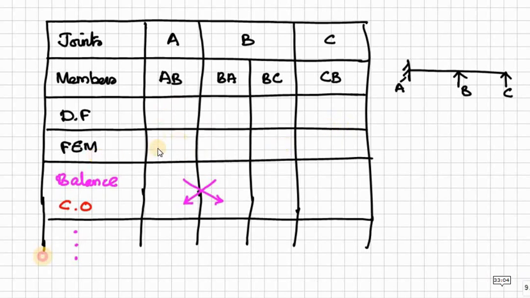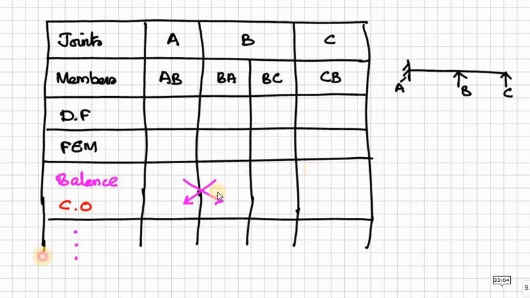Then fixed end moments we have to write for each member. So once we have all those things, we have to apply equilibrium at the joints, not at fixed end supports, only at hinge or roller end supports.